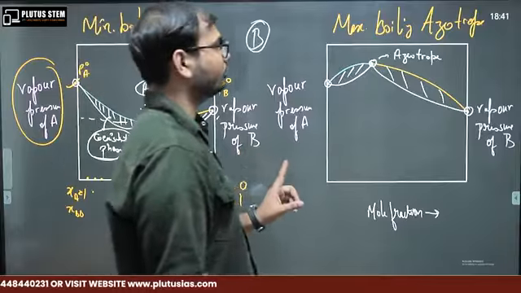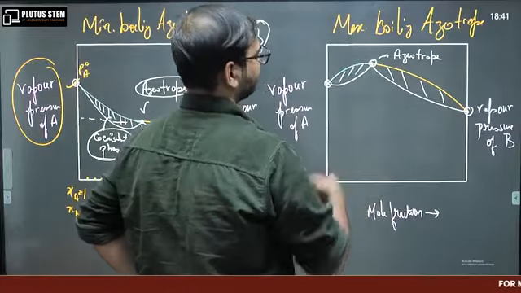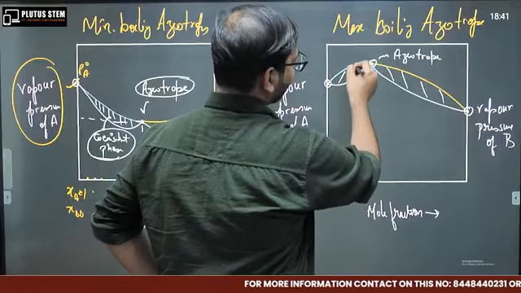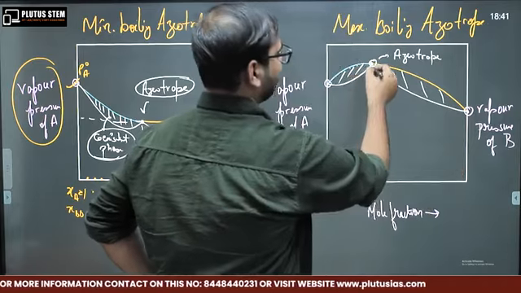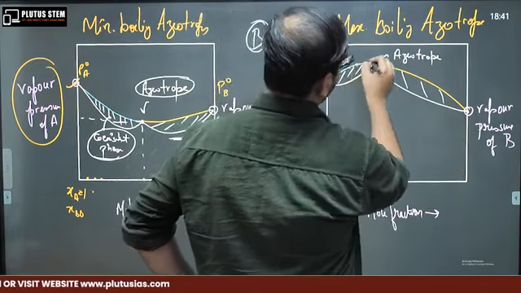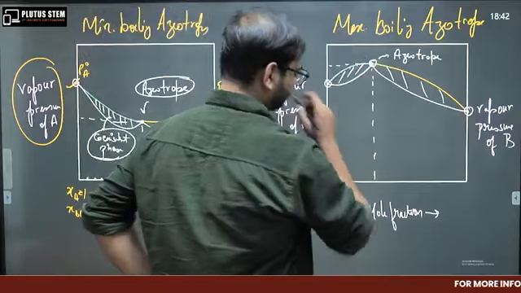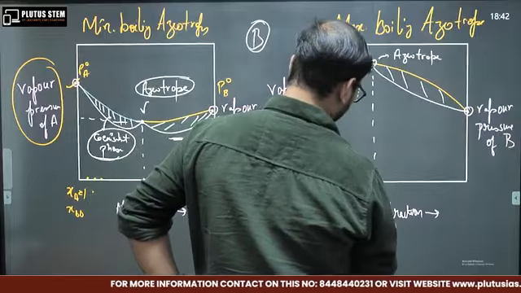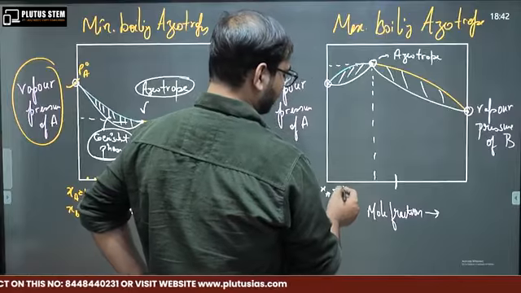If I go for a maximum boiling azeotrope, I'll find the same thing but in the opposite case. Here, increasing the mole fraction, the vapor pressure of A increases, same goes for B, and at a definite position I achieve a maximum boiling point which will be above either of the components.